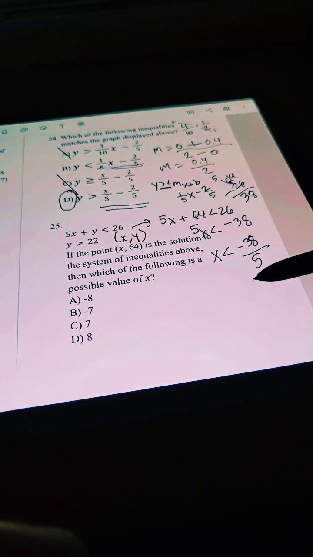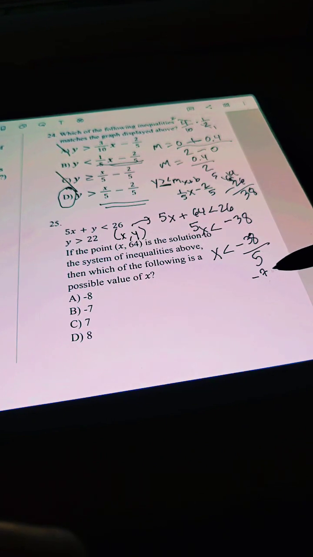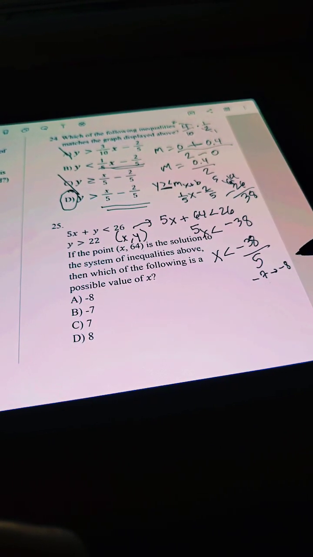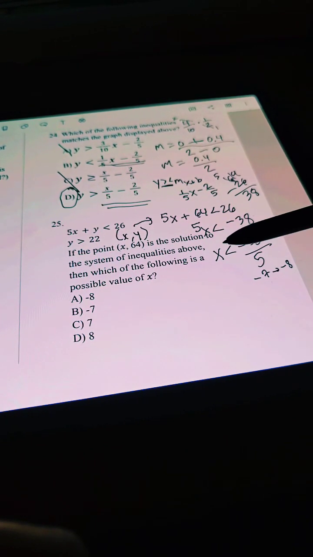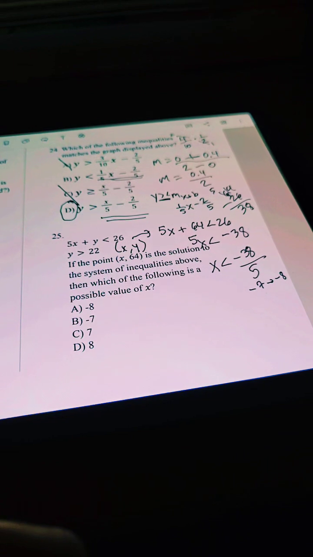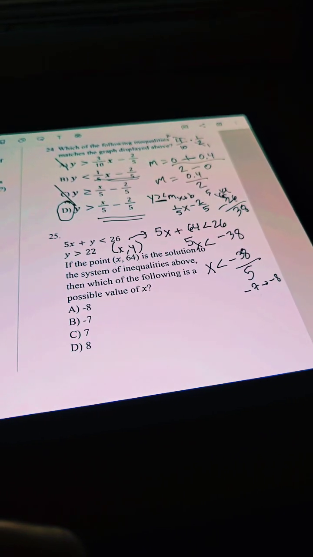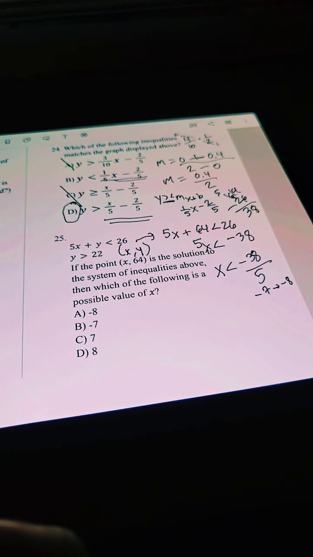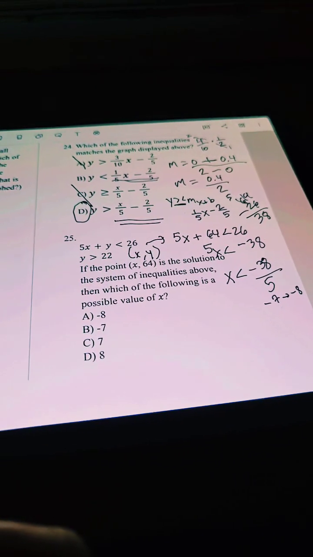So this is between negative 7 and negative 8. So x has to be less than that decimal value that would be between negative 7 and negative 8.